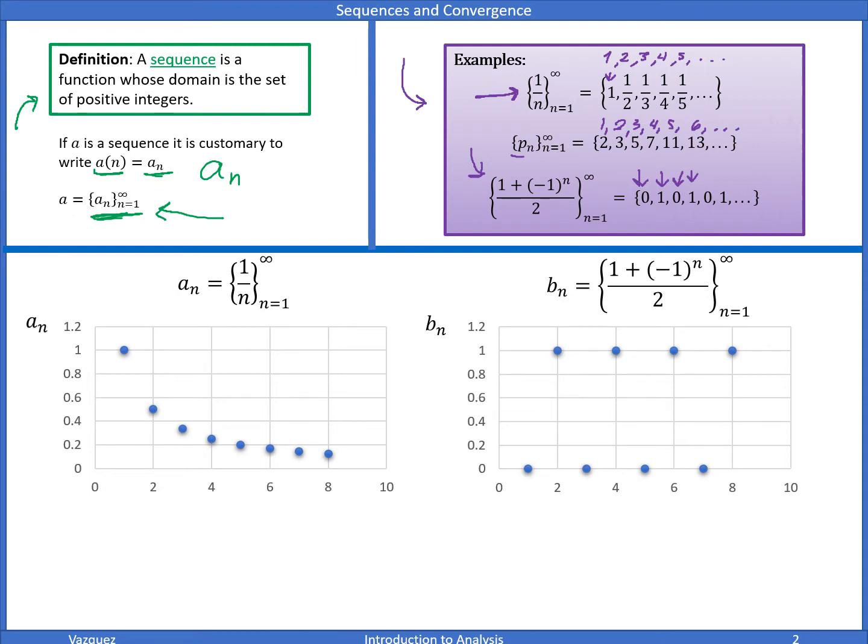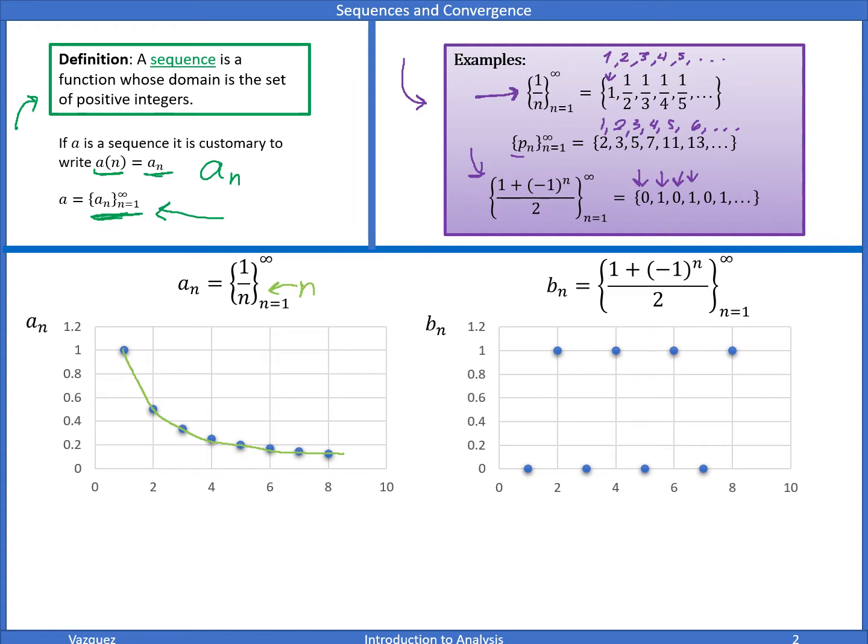Now, notice this first sequence. I'm going to connect it with a green line here. Notice that by going out far enough in the sequence, that is, by choosing this n right here to be sufficiently large, we get closer and closer to 0. We get very close to 0.